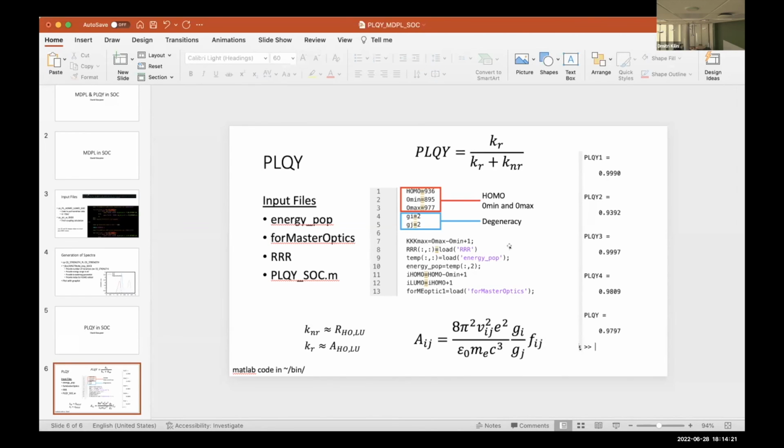If one needs to compute photoluminescence not by MTPL but by Redfield approach, are there any changes to the code, or do you just modify the input parameters and use the same code? What do you mean? If you just need the photoluminescence, which you are not showing in this talk, not the quantum yield. Oh, like the blue figures? Yes.